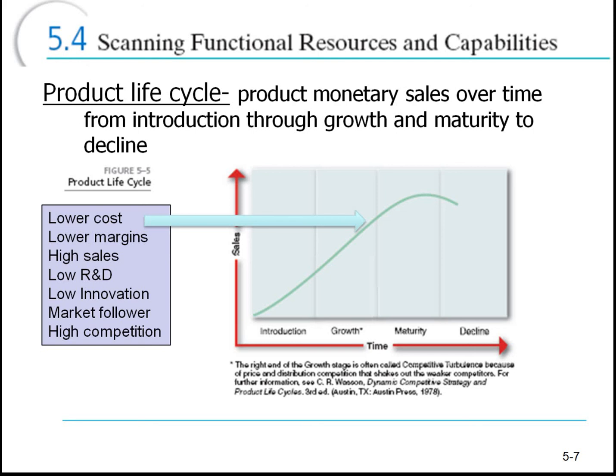Well, in the growth stage, the product is much more mainstream. The product features have been tested. You have more competition coming into the marketplace. So as you can see from the green line, sales are continuing to increase, but so is competition. When I say sales, we're referring to sales as an aggregate for the entire industry. So now we have more competition getting in there.